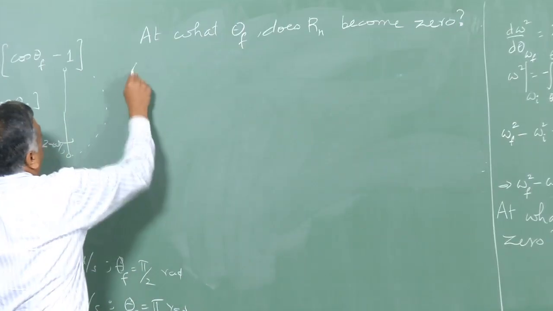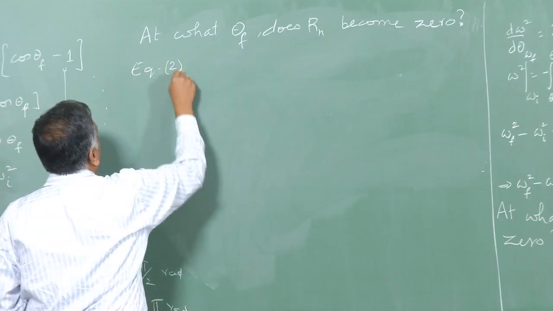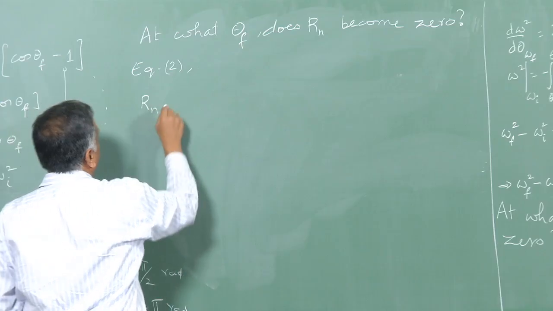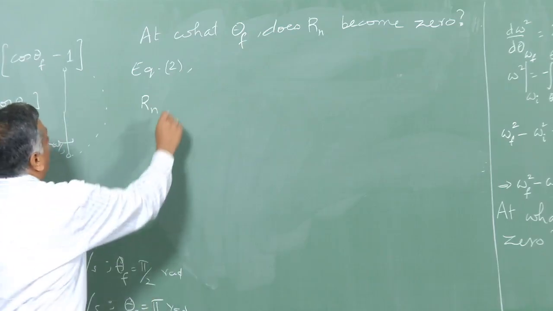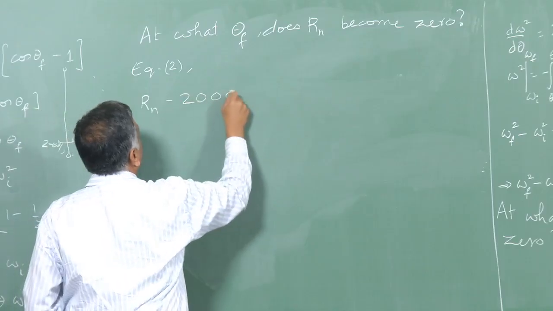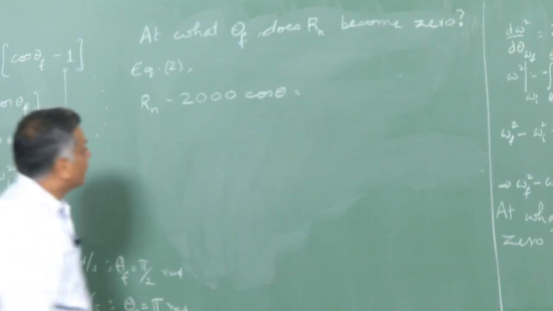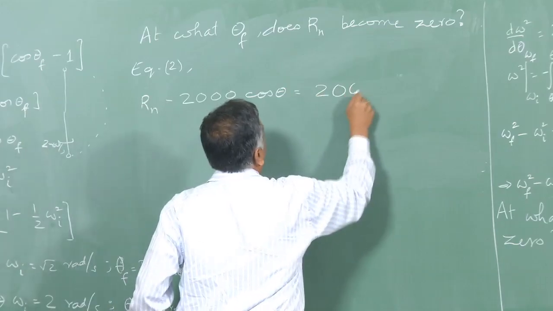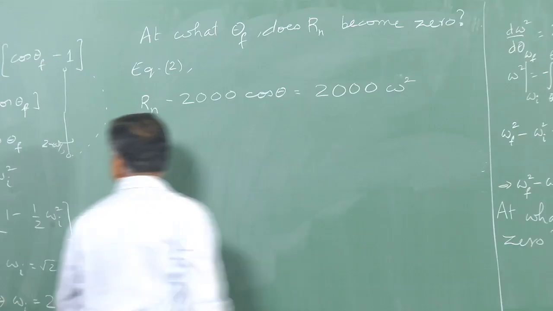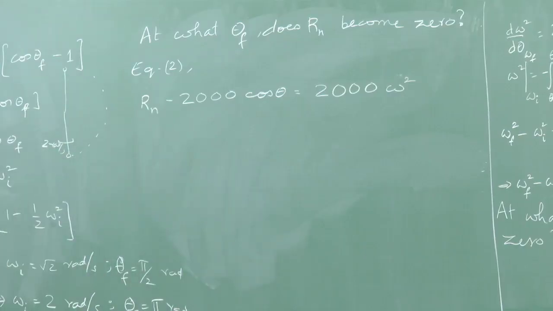And if you go back to our equation 2, it says Rn minus 2000 cosine theta equals 2000 omega squared, omega meaning the instantaneous omega.